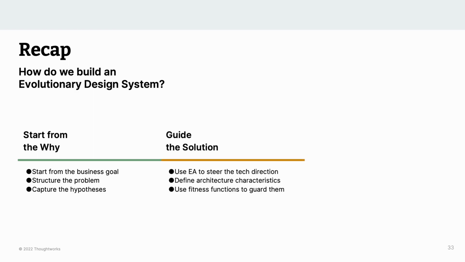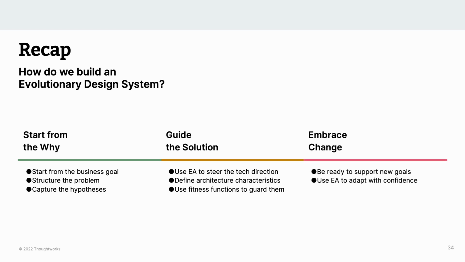Then we can move on to the solution space, where we can leverage evolutionary architecture to steer the technical direction. We can define the architecture characteristics that matter to us to achieve the initial outcomes we have, and then use fitness functions to guard those characteristics. And finally, get ready to embrace change.